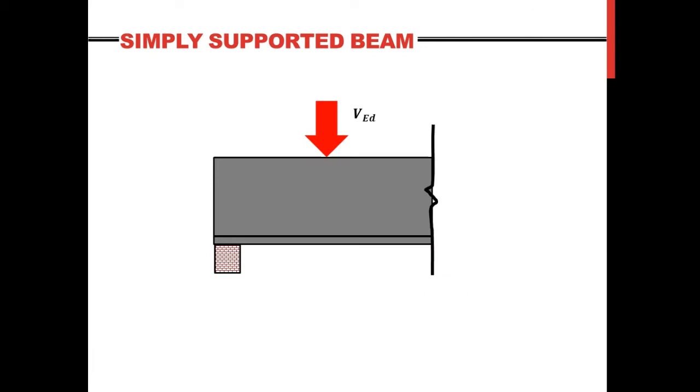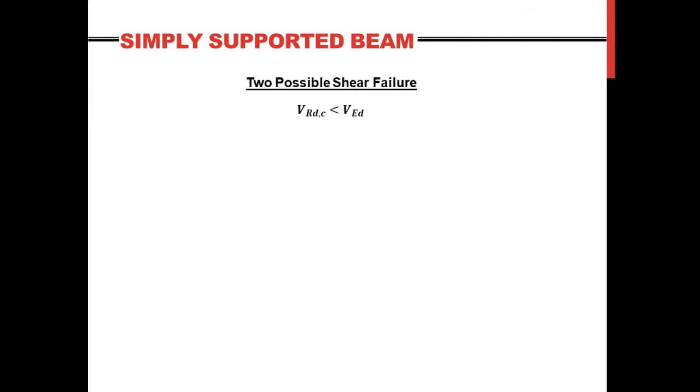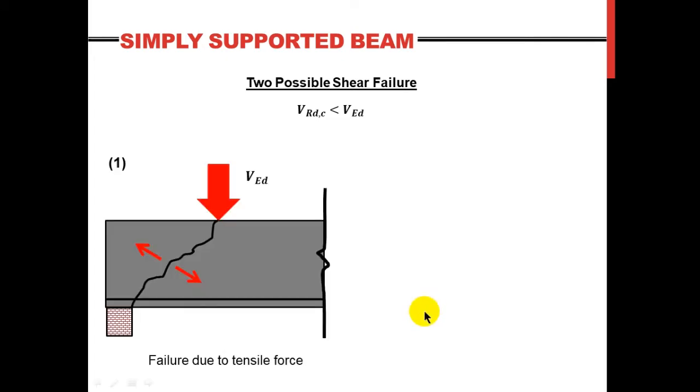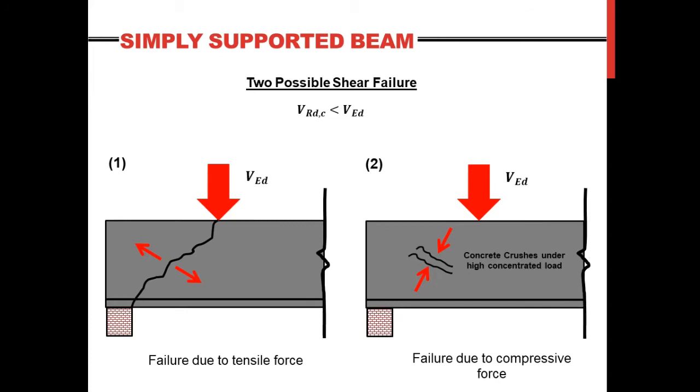Basically, as the applied shear force increases, the concrete resistance, the VRd,c, would hold no capability of resisting the applied shear force. This would lead to two possible shear failure scenarios. One is due to the diagonal tensile force, and two is due to the diagonal compression force, which results in concrete being crushed. Right, let's look at them one by one.